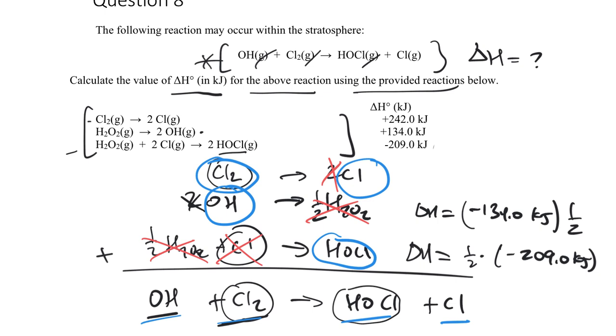And so now I know I use the first reaction that we'd been given exactly as is. I didn't make any changes to it. If you notice, it's still plus 242.0.